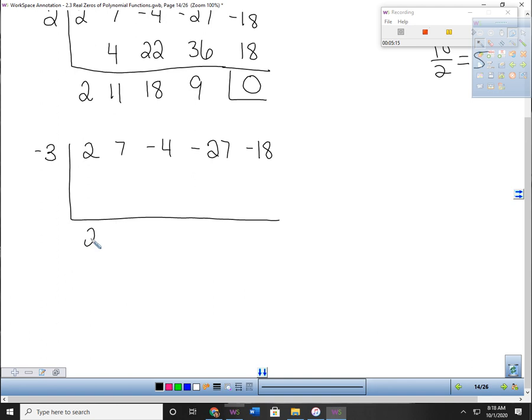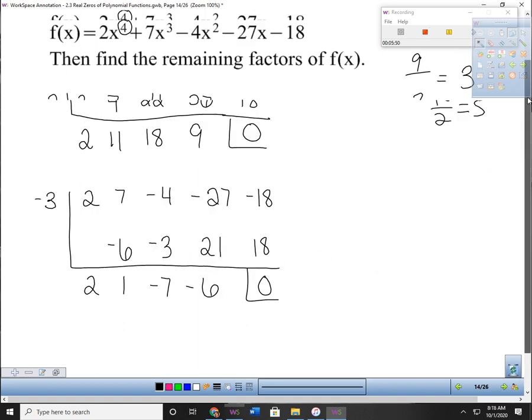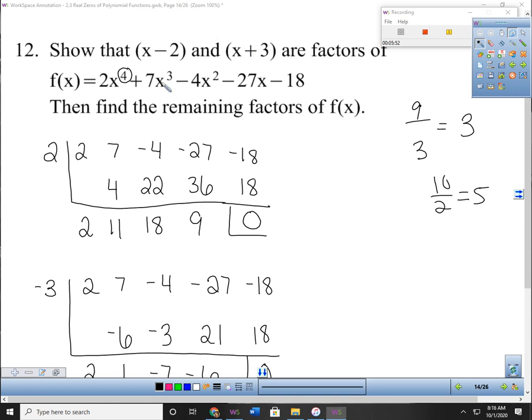So I'll drop the 2. 2 times negative 3 is negative 6, plus 7 is 1, times negative 3 is negative 3, plus a negative 4 is negative 7, times negative 3, positive 21, minus 27, that gives me negative 6, and negative 6 times negative 3 is positive 18, which gives me a remainder of 0. So now, since I got remainders of 0 on both, that shows that both of these binomials are factors of this whole polynomial.